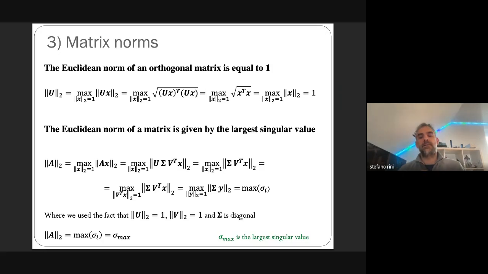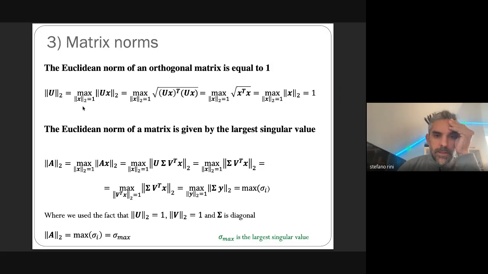Let's discuss a little bit about matrix norms, because so far you only saw the Frobenius norm, which is not very interesting. The Euclidean norm of an orthogonal matrix is equal to 1. Let's say we have an orthogonal matrix U, and we want to look at the Euclidean norm as follows.